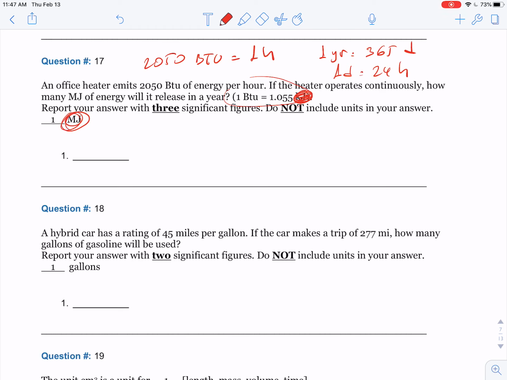So 1 kilojoule is 1000 joules. 1 megajoule is 1 million joules.